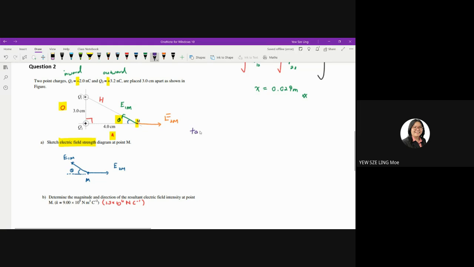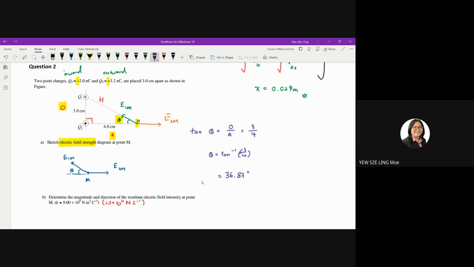Tangent theta equals opposite over adjacent, so it is 3 over 4. So theta equals tangent inverse of 3 over 4, which is 36.87 degrees. That is the answer that you should get for the angle.